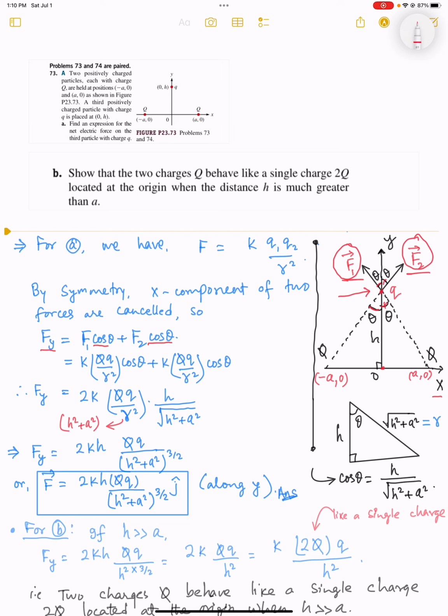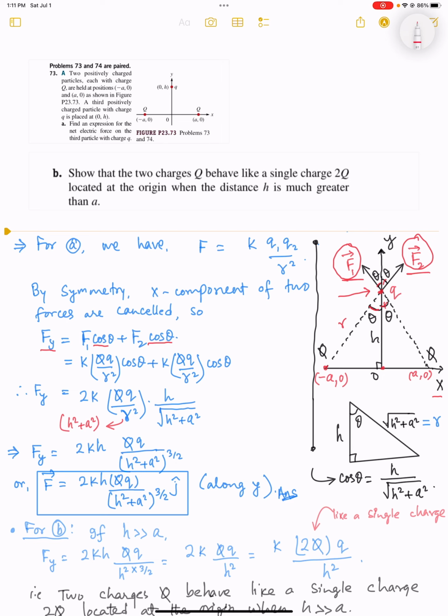So F1 is nothing but the constant k, again Coulomb's law, times this charge Q and the other charge small q, the product of the two charges, over the square of the distance between them. It's r here, so r squared, times cos theta.